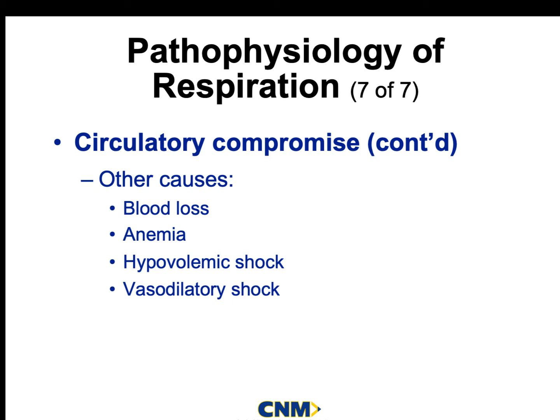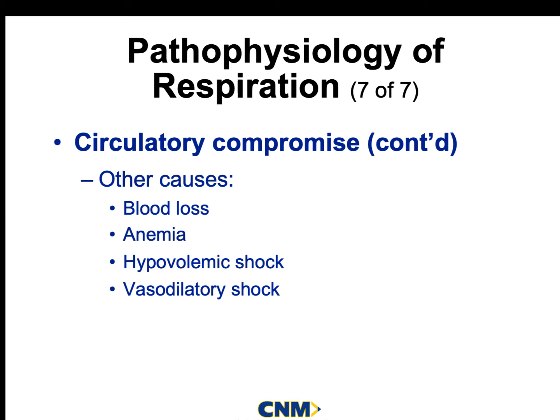So if we're losing blood, we're losing our transportation device for our oxygen molecules, okay? Disease processes such as anemia, okay? Some people are not able to create new red blood cells or have a low red blood cell count in the first place. This can also be for patients with certain types of cancers as well.